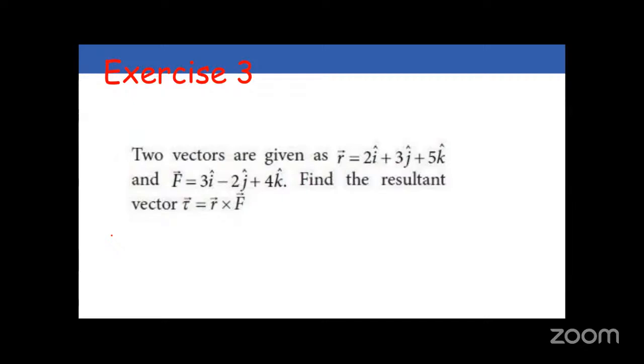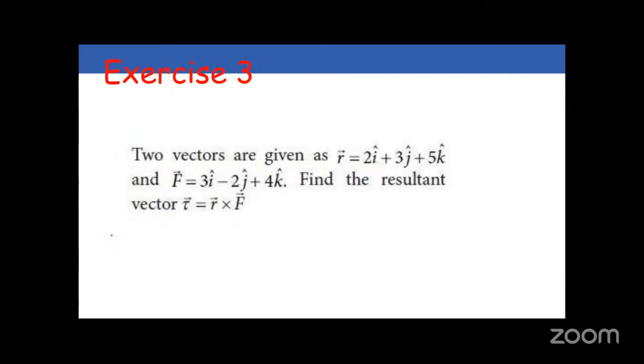So here we are asked, two vectors are given as vector R equals 2I plus 3J plus 5K, and vector F is 3I minus 2J plus 4K.